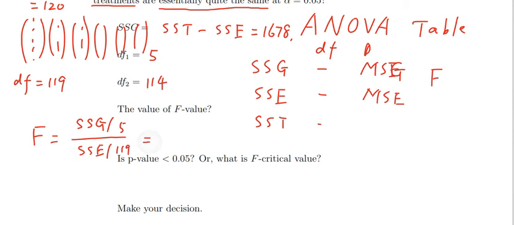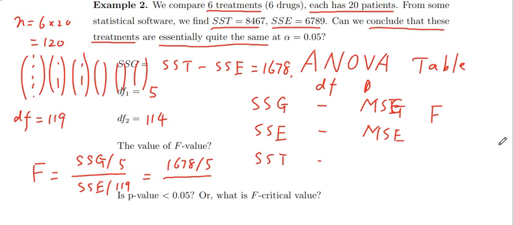So what is SSG? I will plug it in here: 1678 over 5, divided by SSE, which we already know is 6789 over 119.